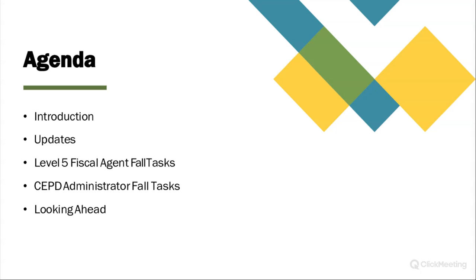There are a few updates, so we're going to go over those. Then we're going to go specifically into the level 5 fiscal agent fall task. And then after that, we're going to go into the CPID administrator fall task. So this training session is combined. We're going to be going over information for both level 5 fiscal agents as well as CPID administrators.